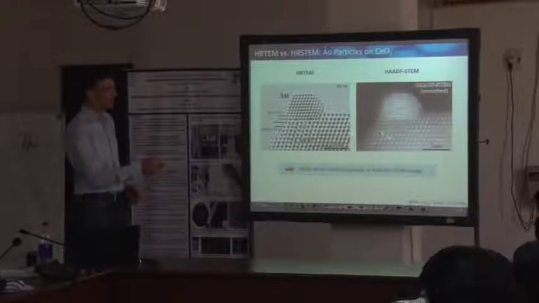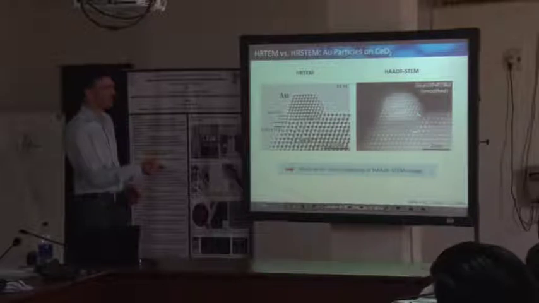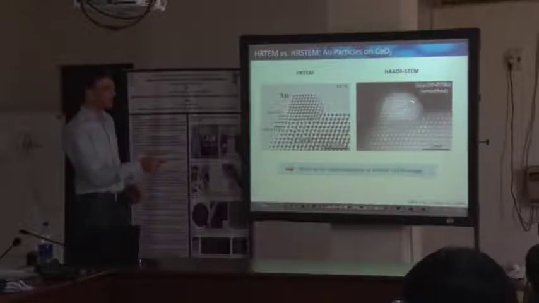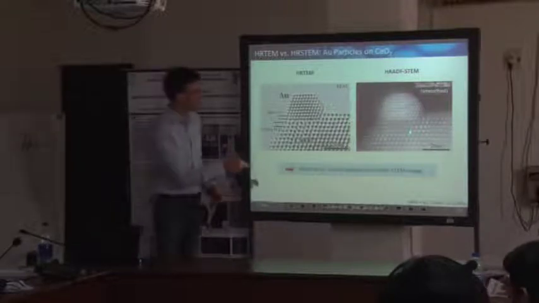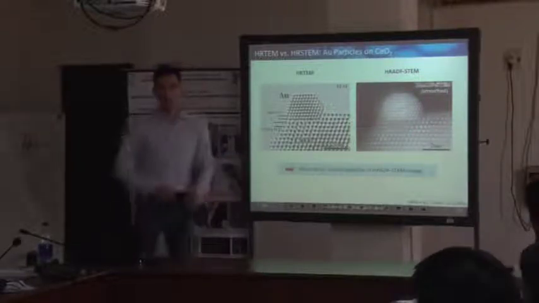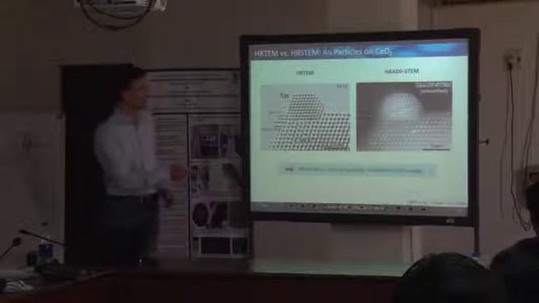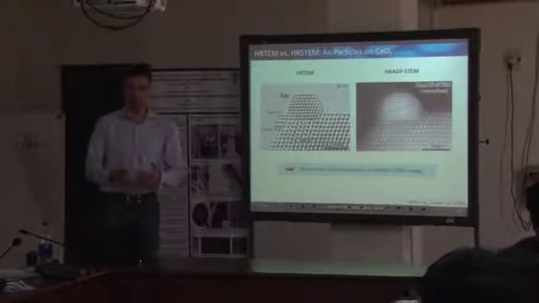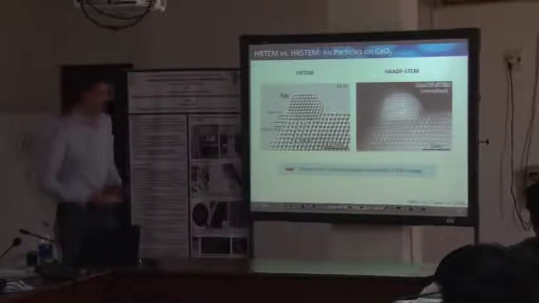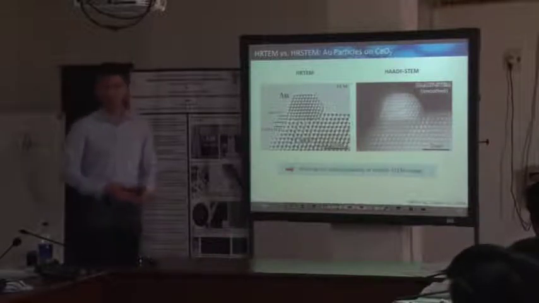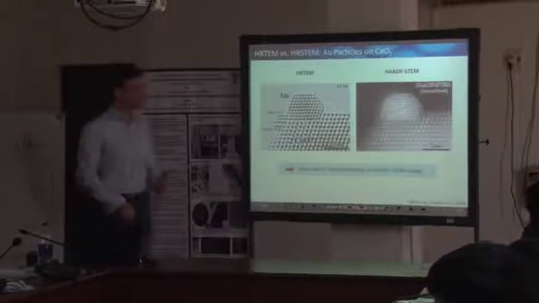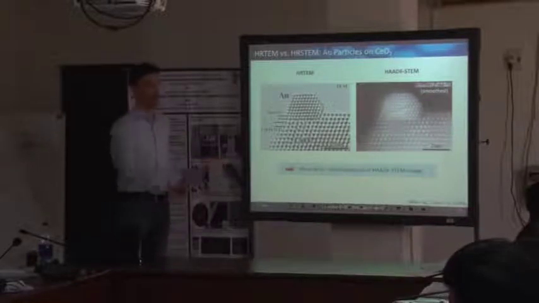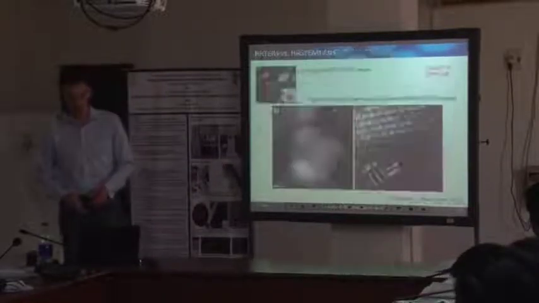If you look very carefully, the intensity of the atomic columns is slightly lower here, so the gold is heavier than the cerium. In this particular case, we don't see the oxygen columns here. With modern microscopes it could be done a little bit better, and using a bright field detector, one should be able to visualize the distribution of the oxygen columns as well.